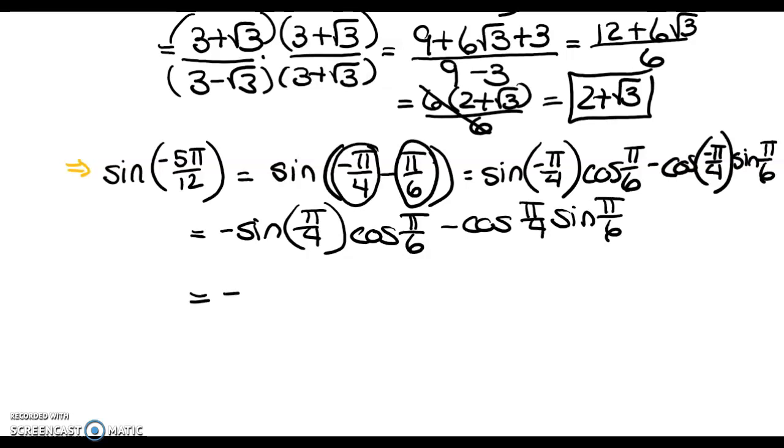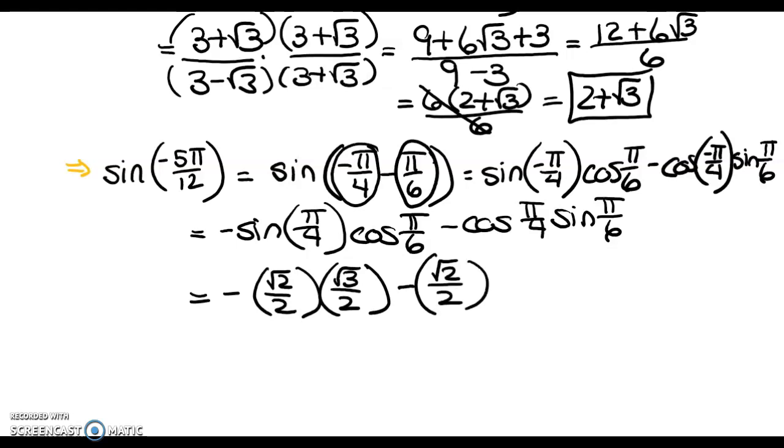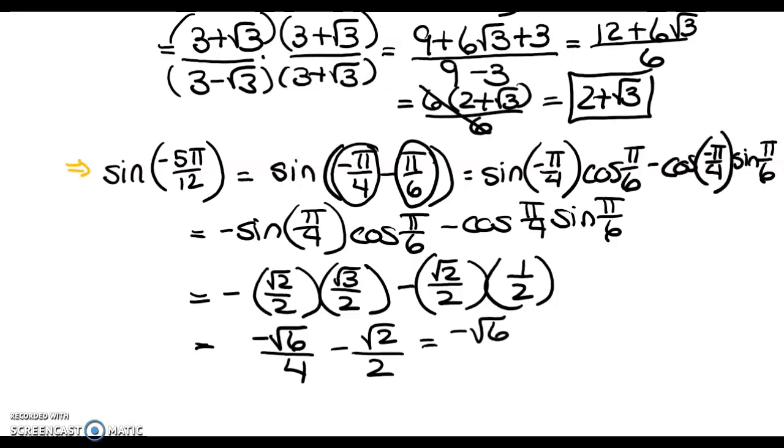So I know that negative sine of pi over 4 is negative radical 2 over 2. Cosine of pi over 6 is radical 3 over 2, minus radical 2 over 2 times 1/2. So this is going to be negative radical 6 over 4 minus radical 2 over 4. I'm just going to join it into one fraction. Oh, that's a 4 over 4, and I'm done.